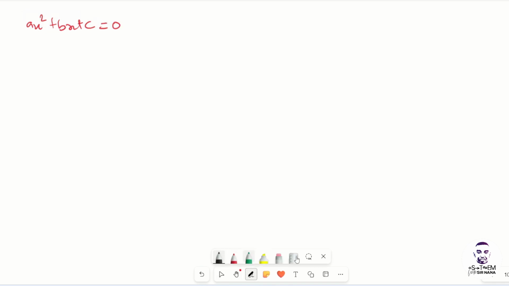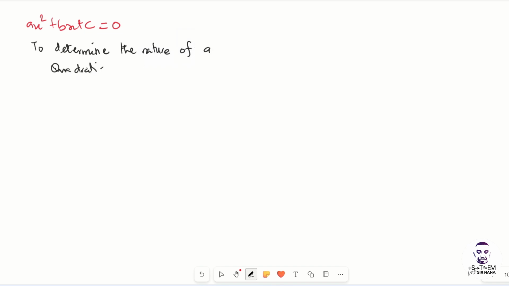Now remember that to determine the nature of a quadratic equation, we must consider the end part of completing the square.